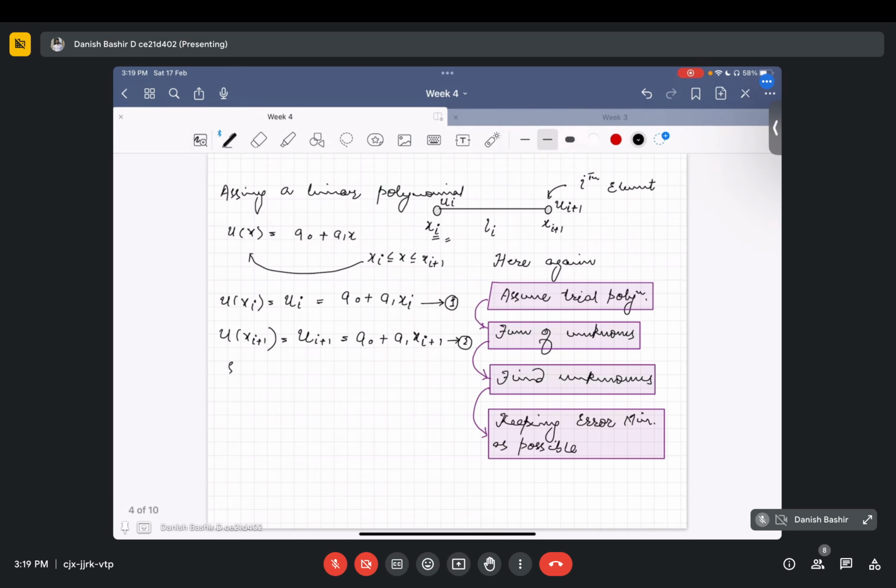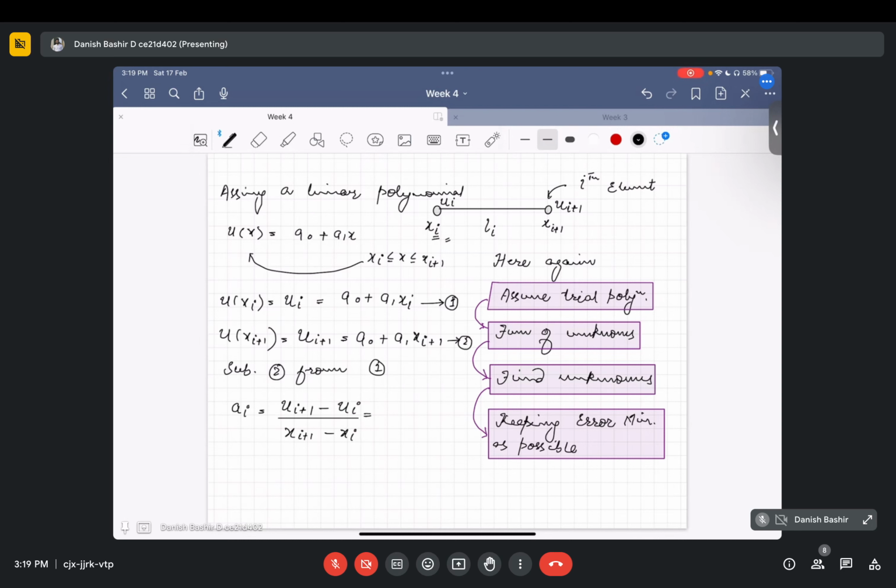If we subtract the second from the first, and you perform the steps carefully, you will get a1 equal to ui plus 1 minus ui divided by xi plus 1 minus xi.